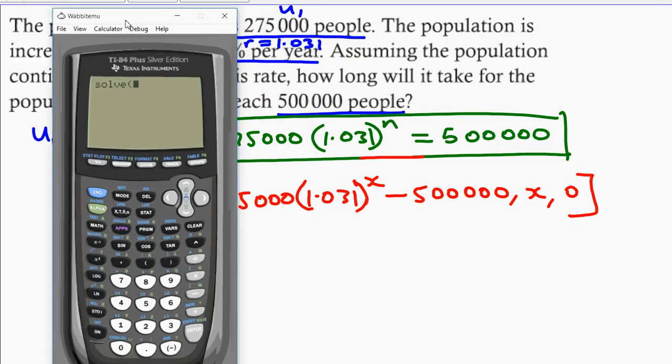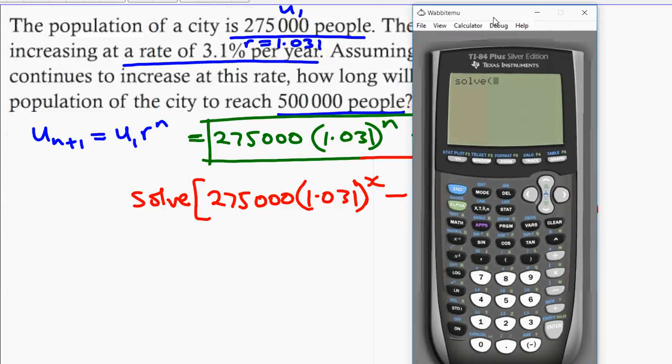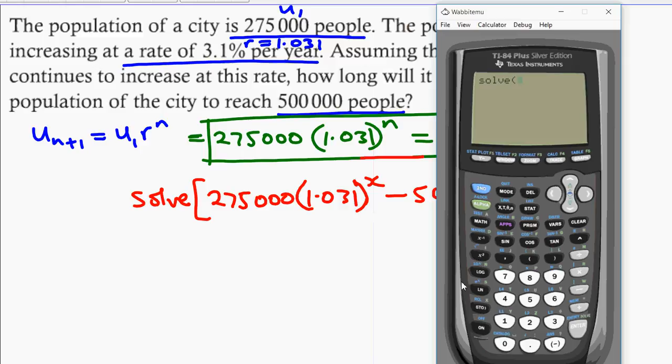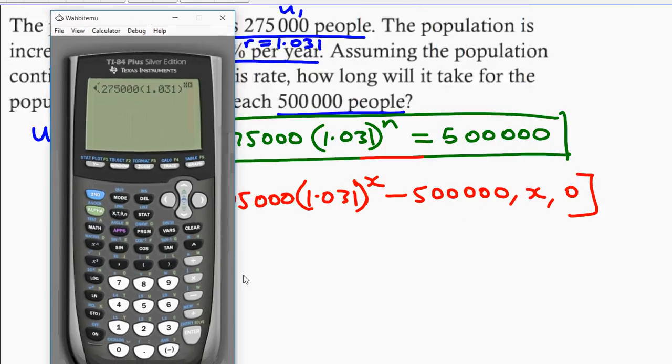Now what I want to plug in my calculator is this. So 275,000 into bracket 1.031 to power x, minus 500,000 and then x and then 0.